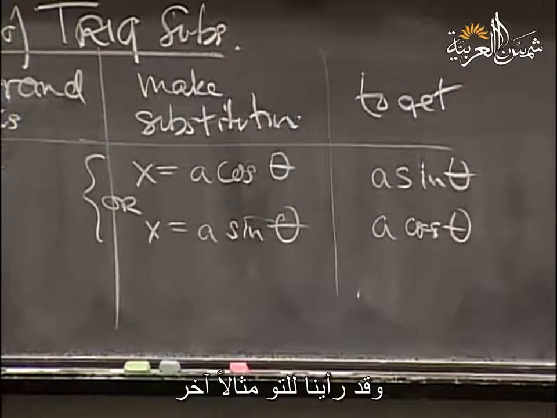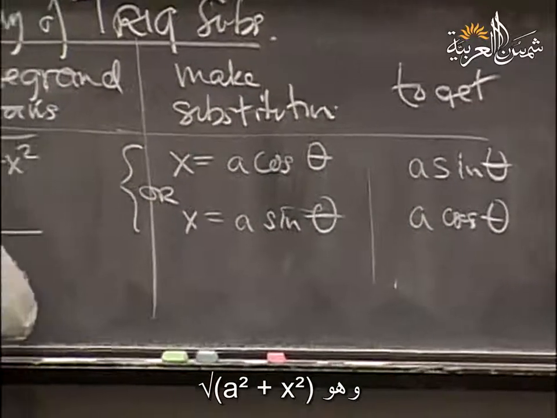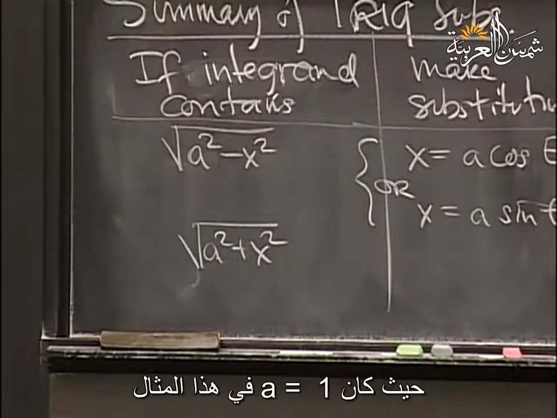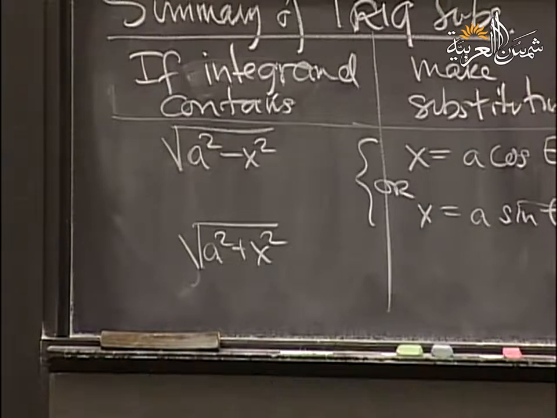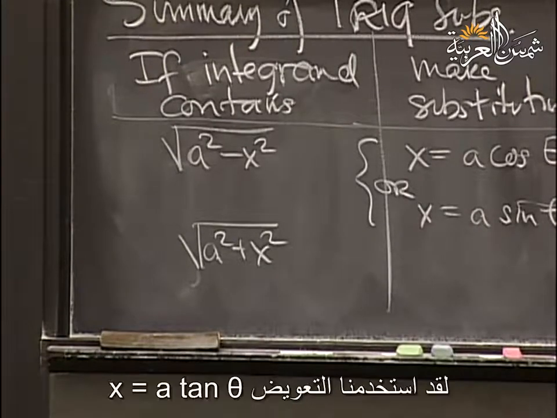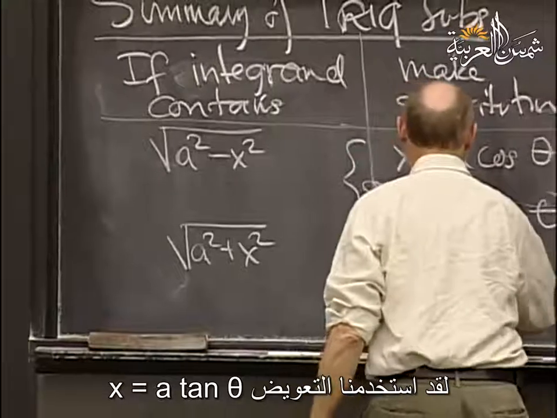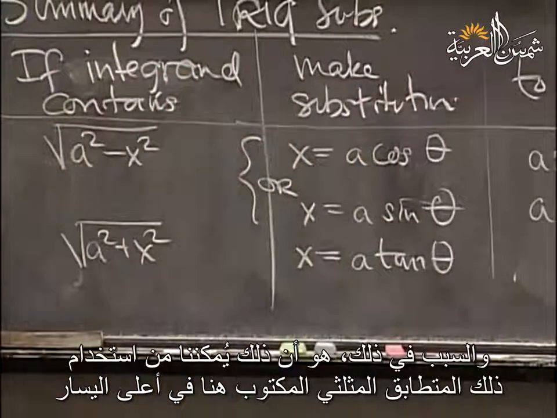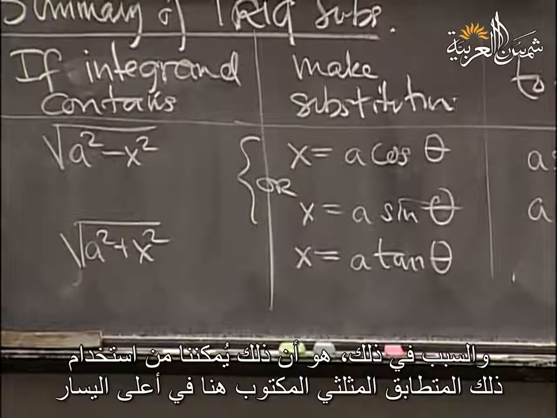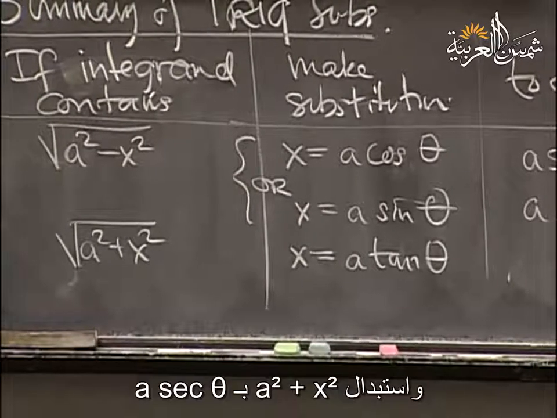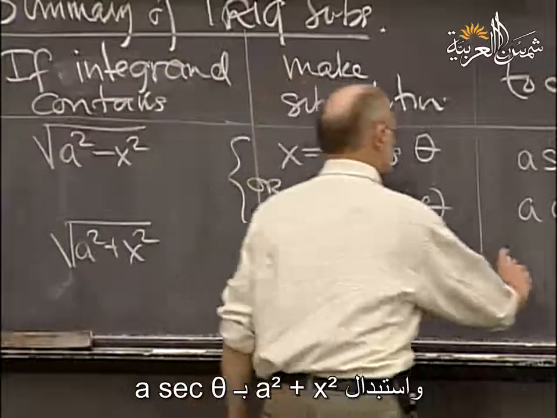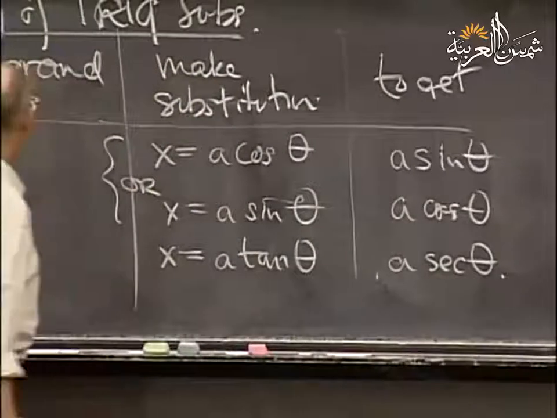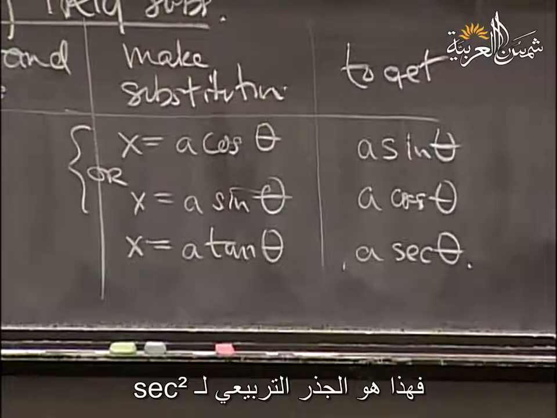We just saw another example, namely if you have a squared plus x squared, that's like the example we had up here. A is equal to 1 in this example. What did we do? We tried the substitution x is a tangent of theta, and the reason is that I can plug into the trig identity up here in the upper left and replace a squared plus x squared by a times the secant of theta, the square root of the secant squared.